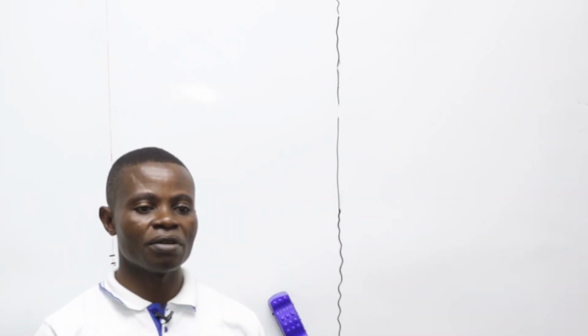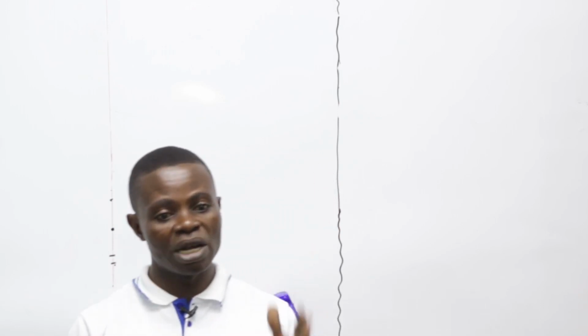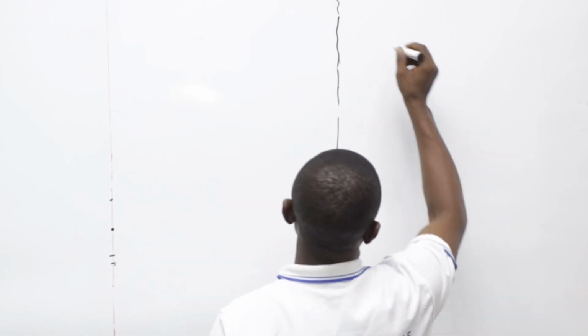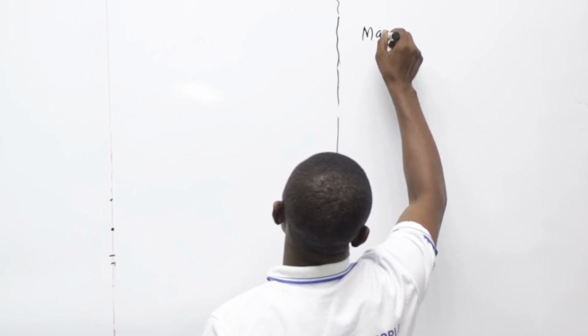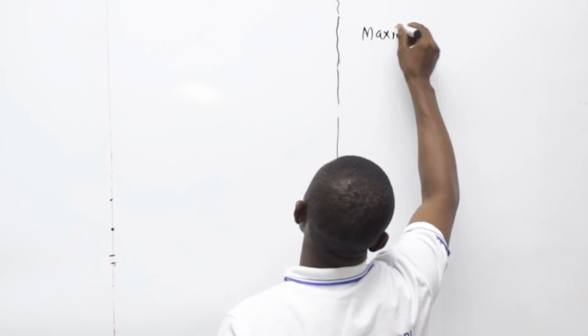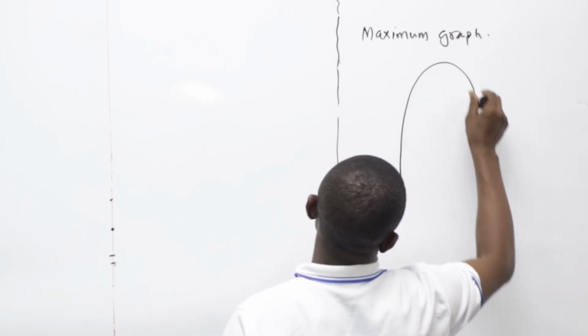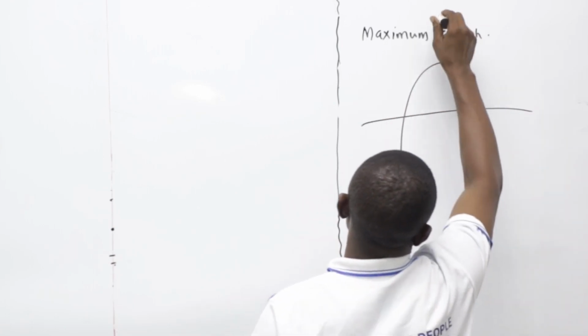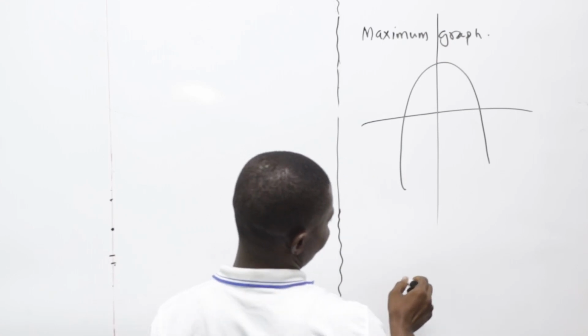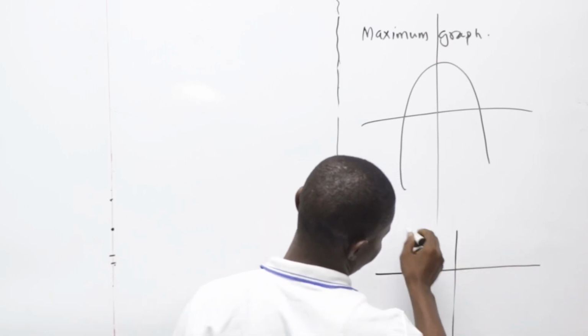In quadratic graph, we'll have the positive one or the maximum graph, which takes the N shape, and the minimum graph, which takes the U shape. Look at maximum graph, N shape. While minimum graph, U shape.